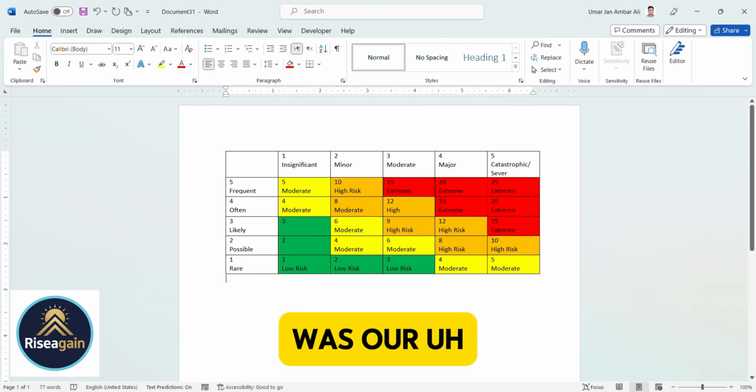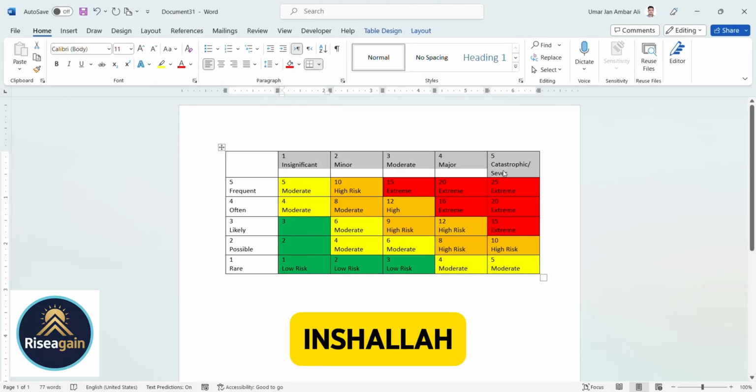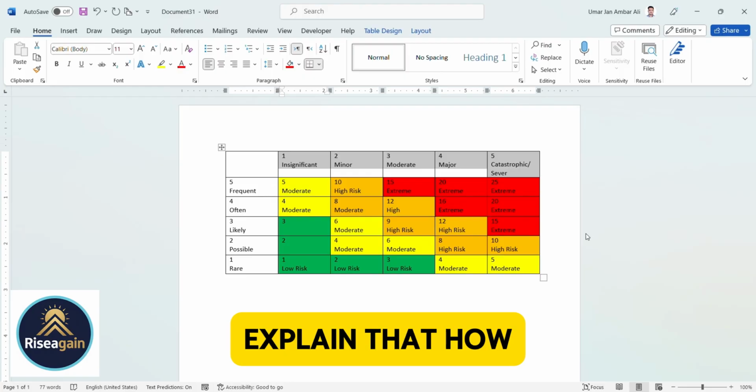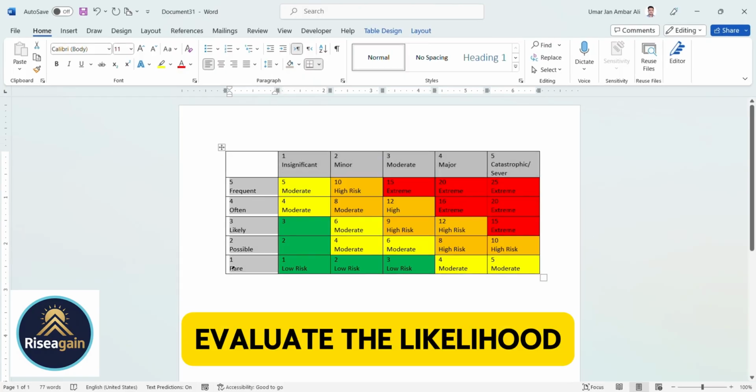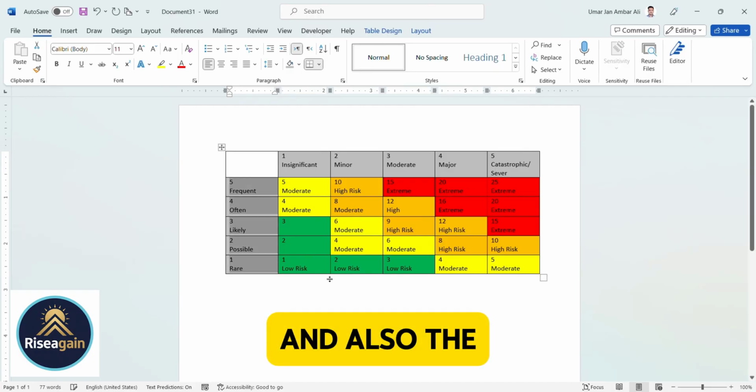Okay, so this was our 5x5 risk matrix. In the next video, inshallah, I will also explain how you can evaluate the likelihood and also the consequences.